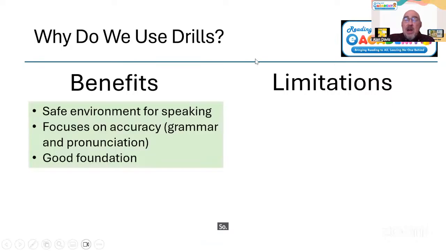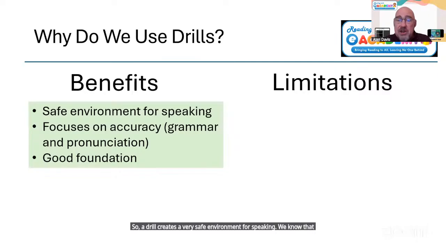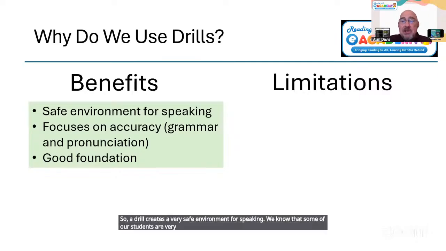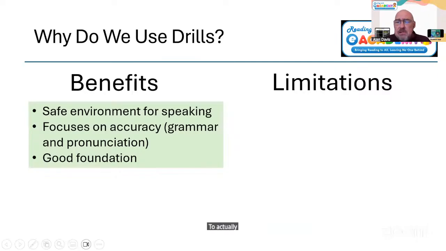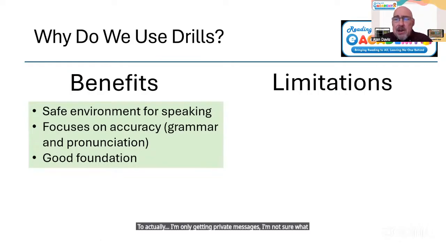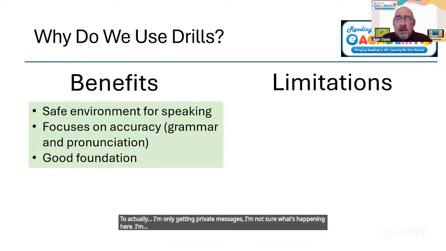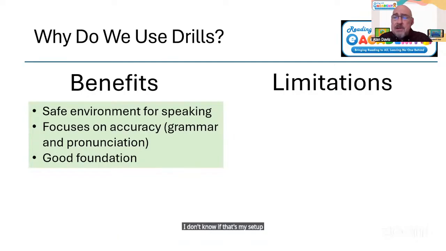So, a drill creates a very safe environment for speaking. We know that some of our students are very shy to actually... I'm only getting private messages. I'm not sure what's happening here. I don't know if that's my setup or the chat box for everyone is disabled.